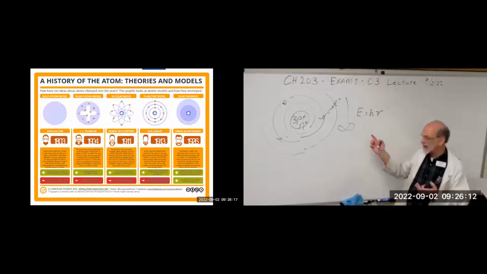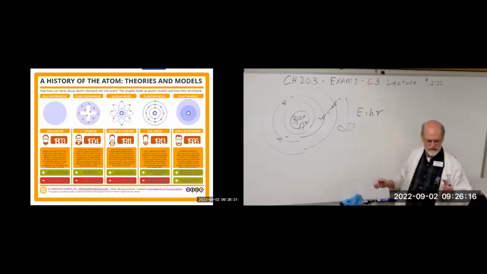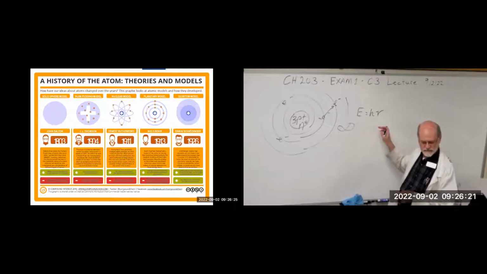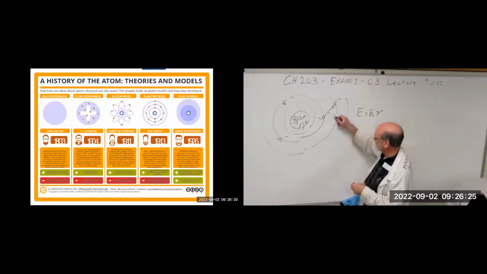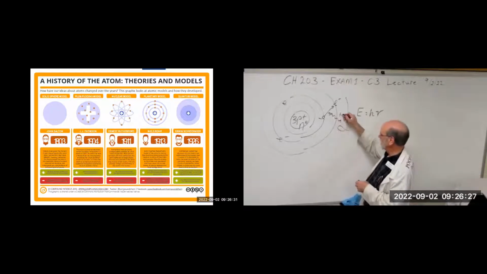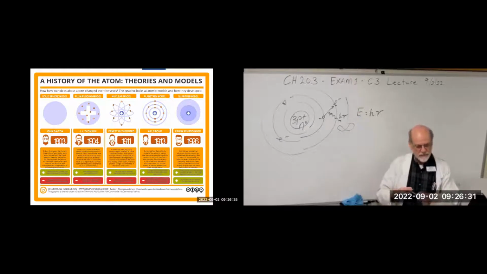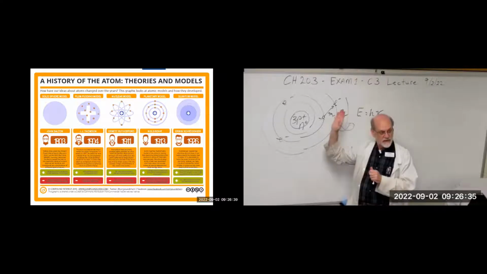So the frequency of the light times this constant, which is Planck's constant, and you don't have to remember that right now. I'm not even sure if I'll get to it anyway. But there's light coming in, and that's energy. So if you add energy to that electron, it bumps it up.